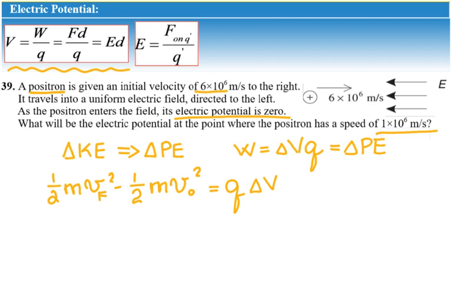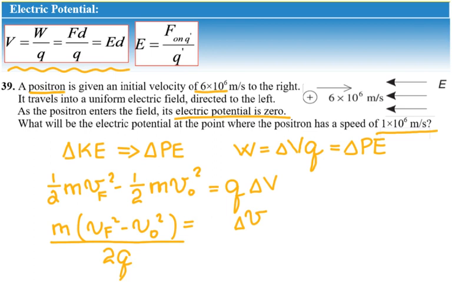If I multiply both sides by 2, and take the mass out from the left side, I have m times V final squared minus V initial squared, and the right side gives me 2q delta V. If I divide both sides by 2q, then I have 2q on the other side.